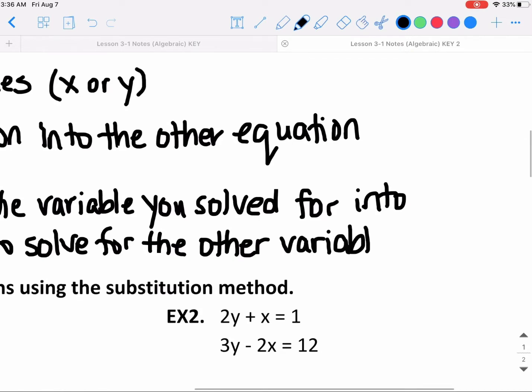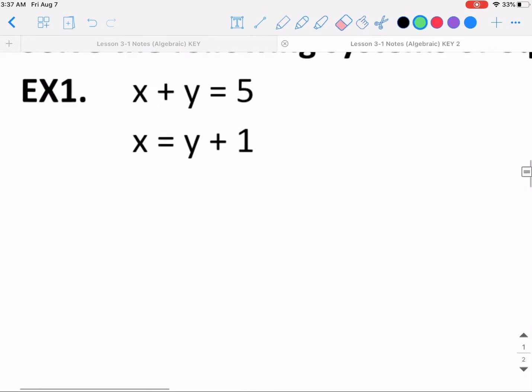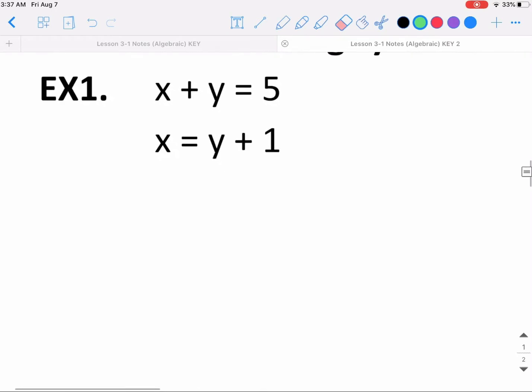Okay, so let's do an example. If we look at this example 1, this system, to solve this system by substitution, I'm going to solve for one of the variables by itself, either x or y. Well, I already have one of the variables by itself. The expression that it's equal to is y plus 1.